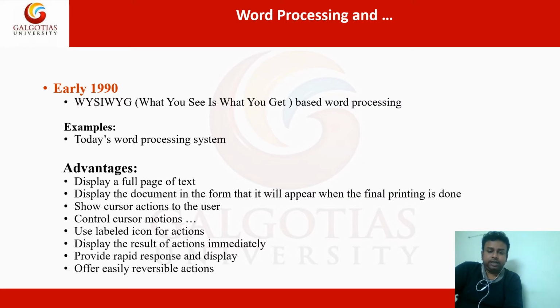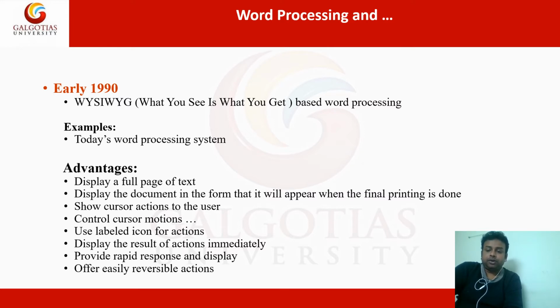Then you label the icon for action and display the result of the action immediately. If I delete anything in my word file, that effect will be shown at the same time. It provides rapid response and display, and offers easily reversible actions.